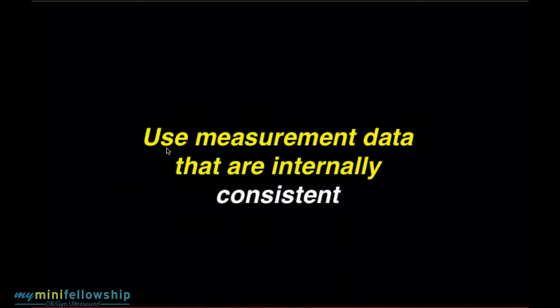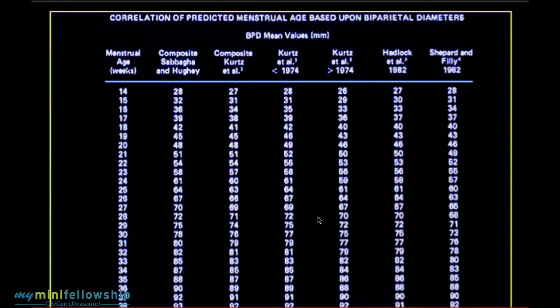The next thing that's important is to use measurement data that is internally consistent. Now, everyone has their heroes in medicine, and my hero is Frank Hadlock. When Frank Hadlock came along, fetal measurements were the biggest mess I had ever seen in my entire career.